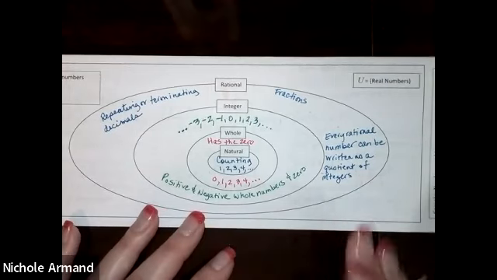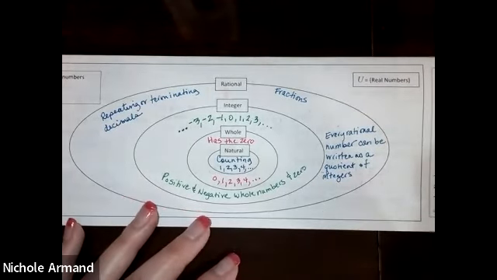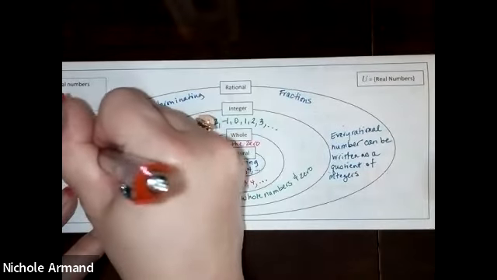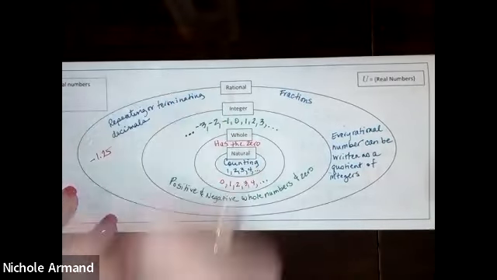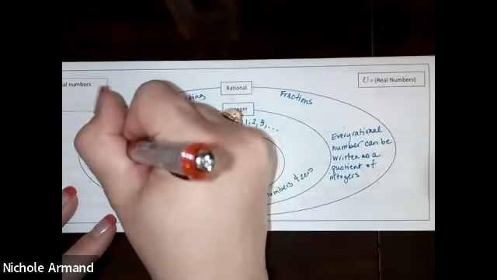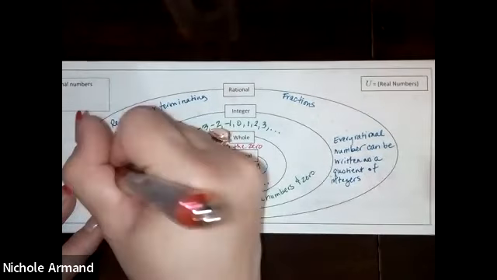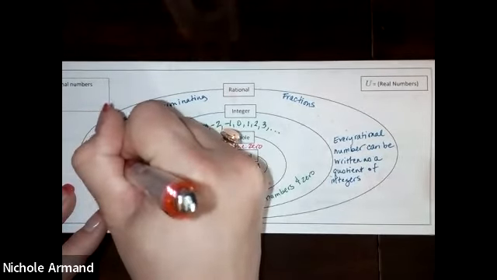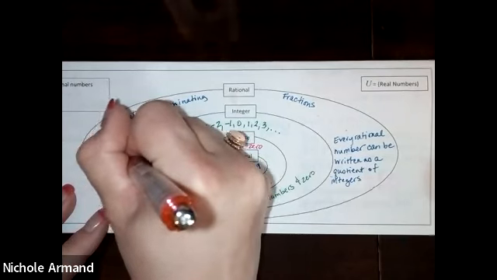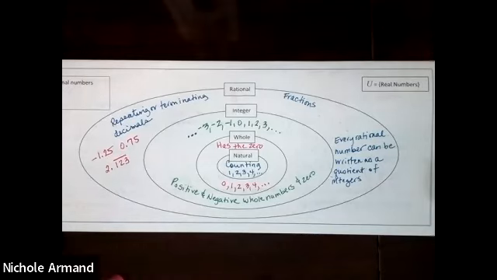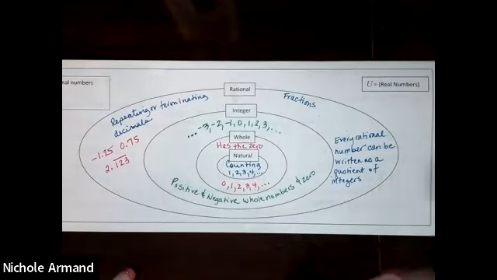So how can this work, you might ask? Well, we can have things like negative 1.25. We could have 0.75. We could have 2.123 with a bar over the 1, 2, 3, indicating that it's 2.123, 123, 123, 123, where the 1, 2, 3 repeats forever, but still it repeats.